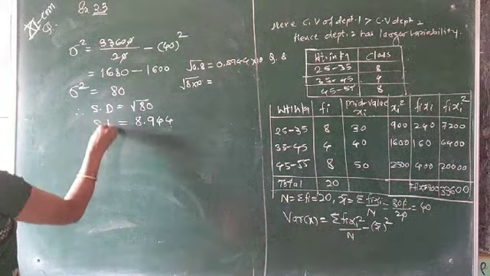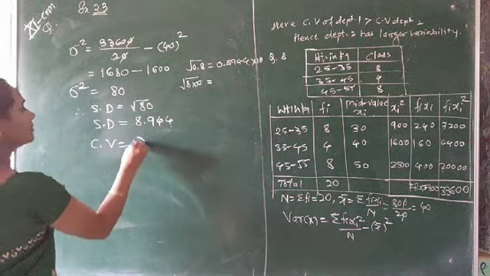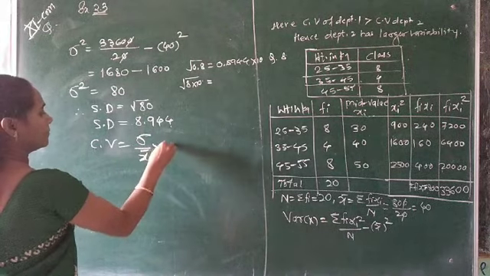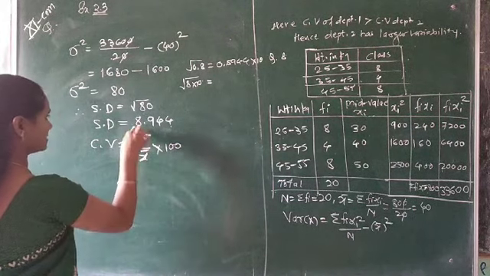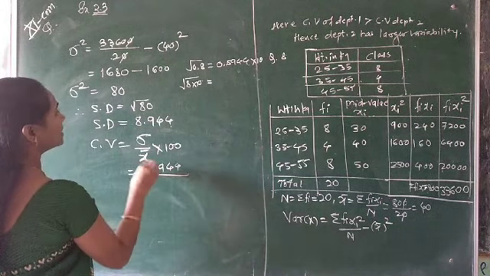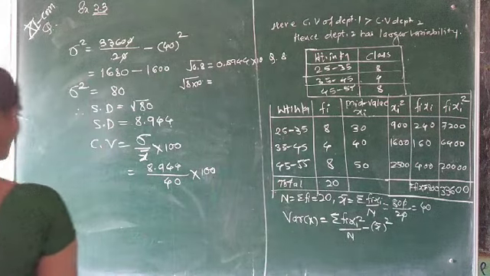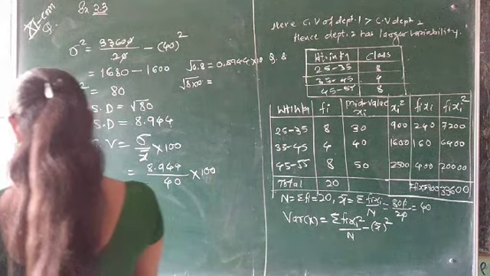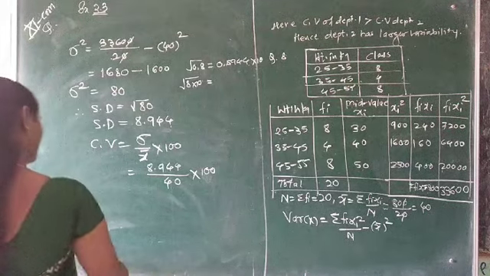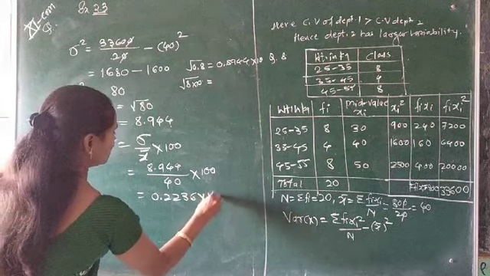Standard deviation is 8.944. Therefore CV is equal to sigma upon mean into 100. What is sigma? 8.944 divided by mean 40 into 100. And if we simplify this, then we will get the answer, that is 0.2236 into 100.